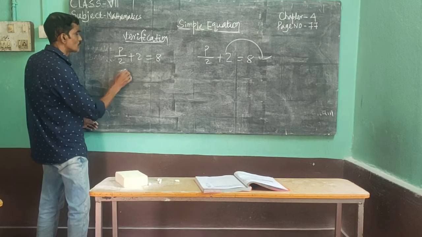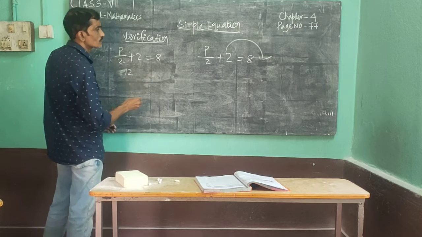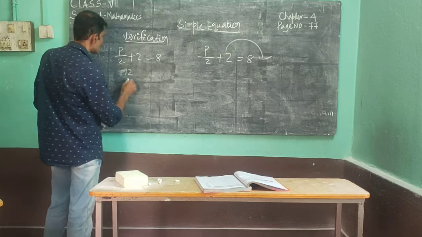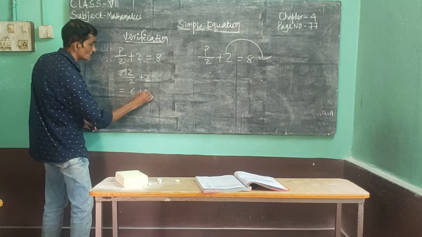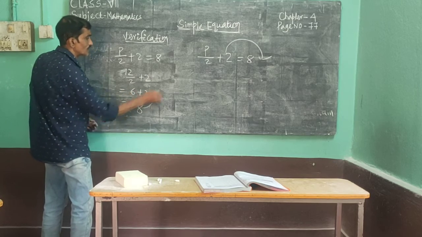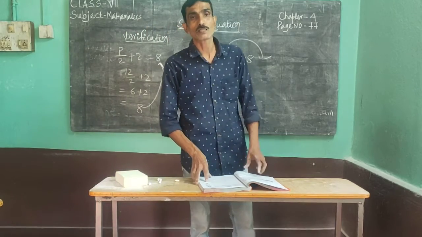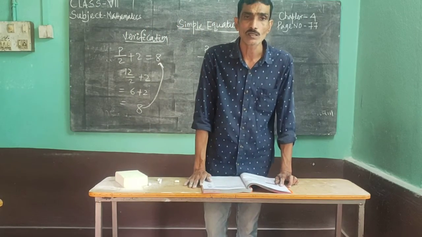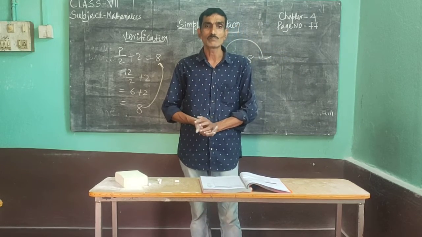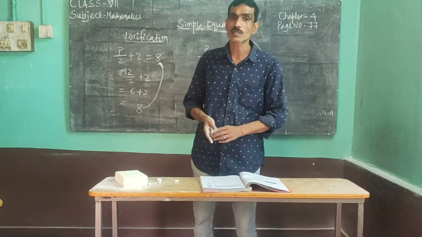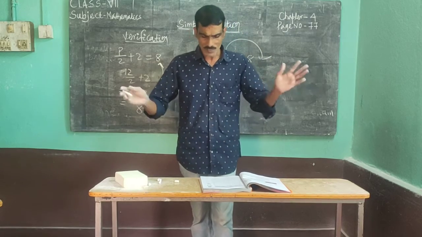P value 12. 12 by 2 plus 2. That answer is 6 plus 2, that equals 8. Yes, I did it correctly. That means in the method of transposition, whatever answer I got, after verification I also got the same result. It means the two algebraic expressions, their values in the LHS and RHS, became equal.